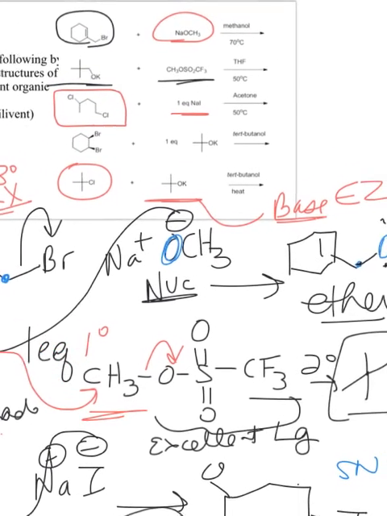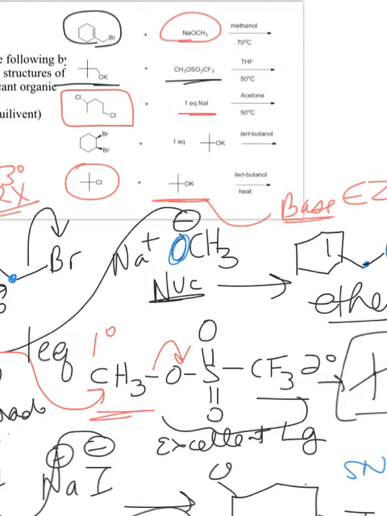And so what's going to happen here, let's just draw this over here, you're going to abstract a proton from one of these neighboring carbons. And they're all equivalent, so we'll just draw in one.